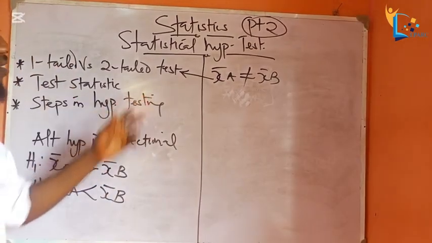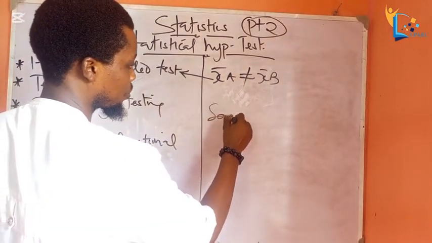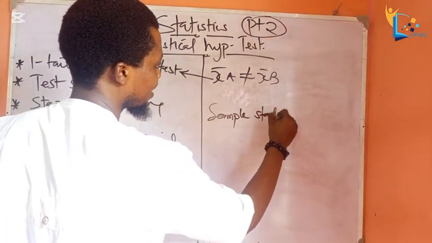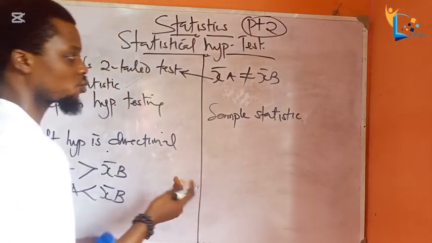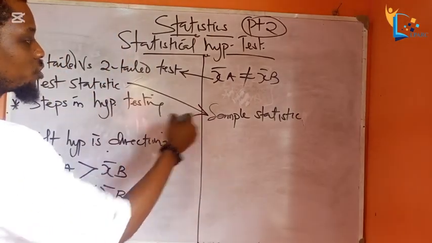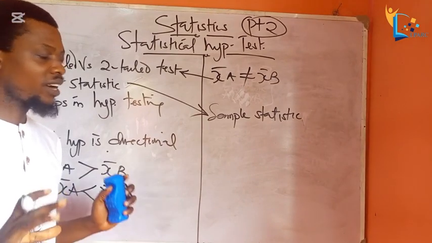So now, the test statistics. The test statistic is a sample statistic used to decide whether to reject or accept the null hypothesis. Do you get it?